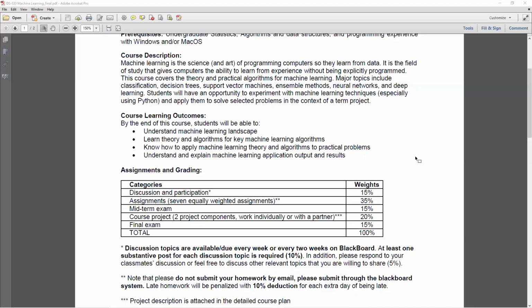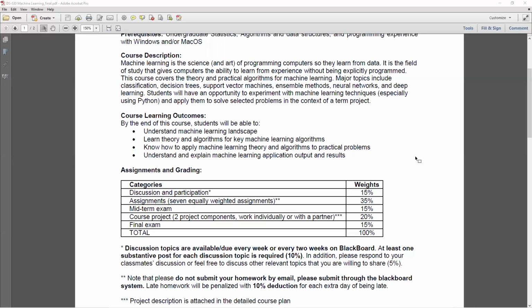This course covers the theory and practical algorithms for machine learning. Major topics that we are going to discuss include classification, decision trees, support vector machines, ensemble methods, neural networks, and deep learning. So you can see that the first part of the course will focus on things like classification, decision trees, and random forest.